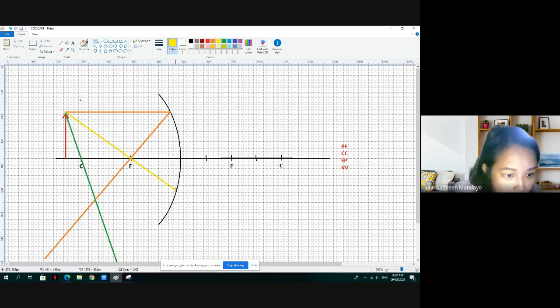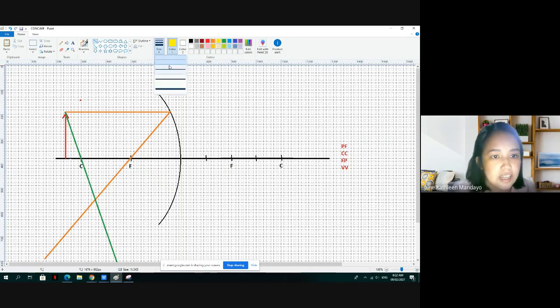Lagyan ko dito ng imaginary line kasi pag talagang curved yung mirror, ang hirap i-drawing. Malaki kasi pala yung center ko, so lalagpas siya. So, kunwari ito na yung concave mirror, yung dilaw, ha? It would be the same. Gawin natin siyang purple.